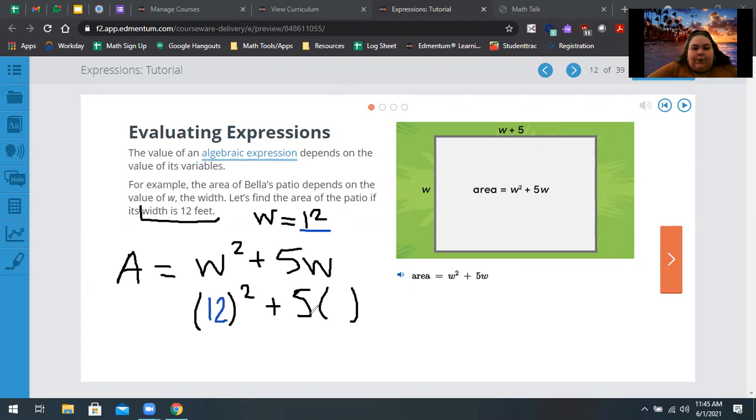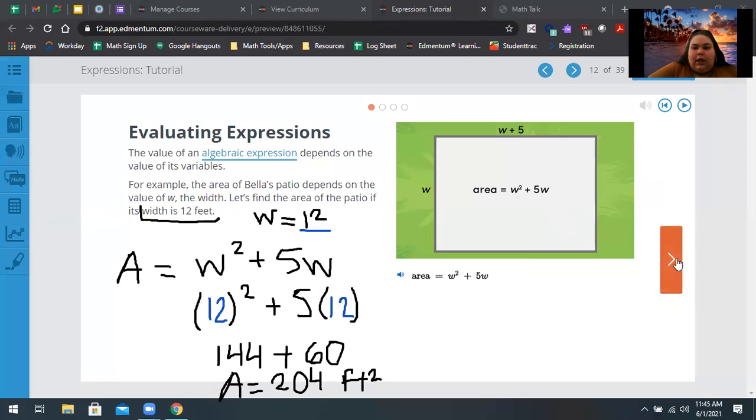So we have 12 here and 12 here. Now we simplify. 12 squared is 144 plus 5 times 12 is 60. Once we add these together, we get 204.